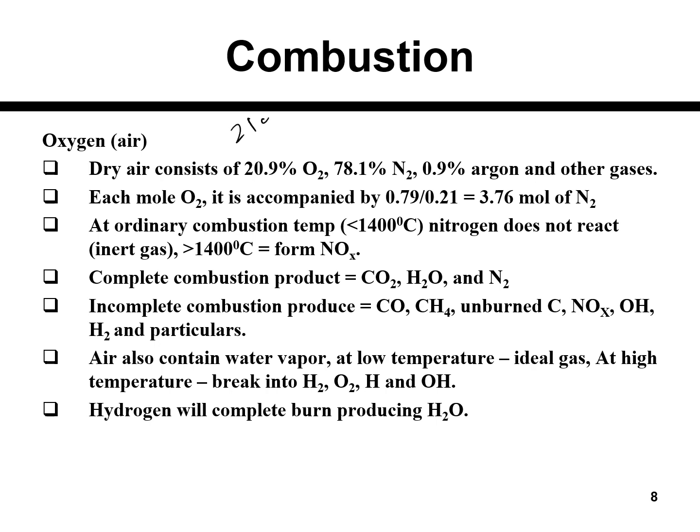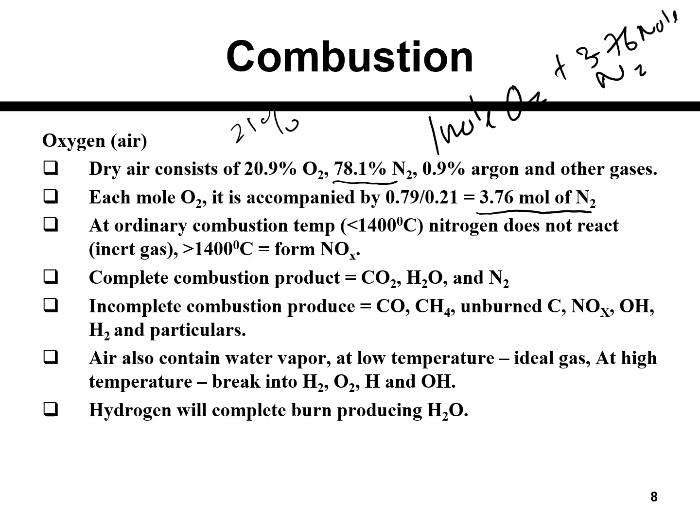Okay, so air contains oxygen at 20.9%, or about 21%, nitrogen at about 78.1%, and 0.9% argon and other gases. This means that each 1 mole of oxygen comes with 3.76 moles of nitrogen, so 1 mole of O2 plus 3.76 moles of N2.